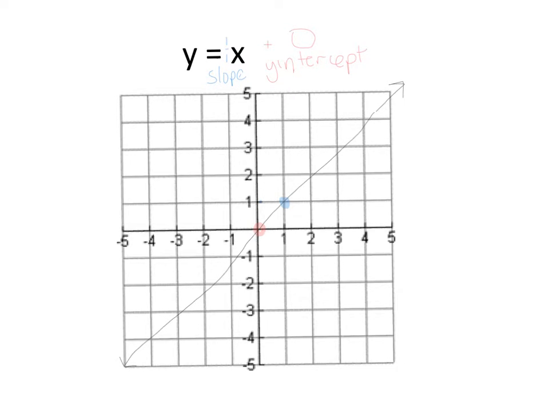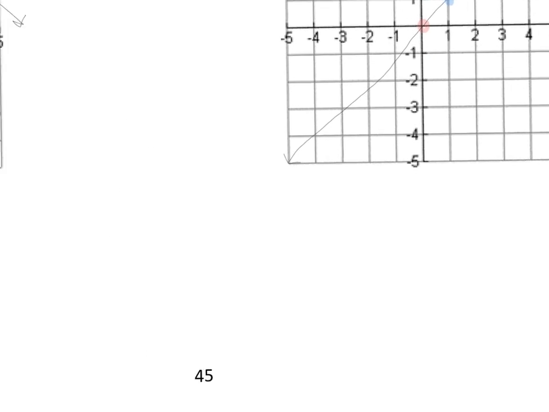Horizontal lines and vertical lines are going to have slightly different equations, and those graphs are going to look a little bit different.